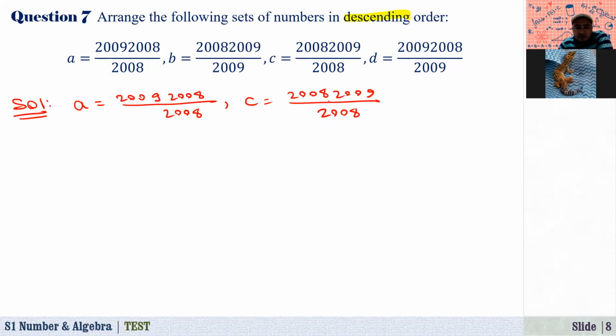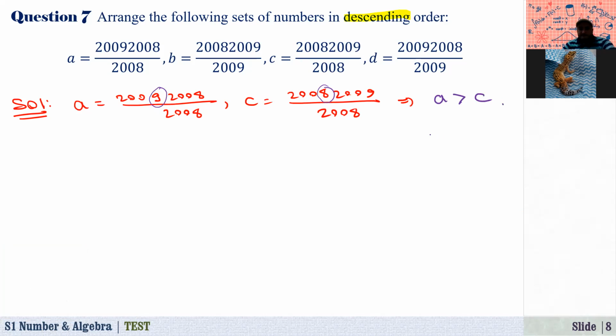The first digits are the same, but here we are reading it as 20 million, 92,000. So here 9 is greater than 8, and because of this digit, A is greater than C.